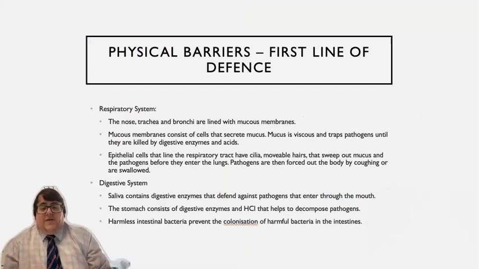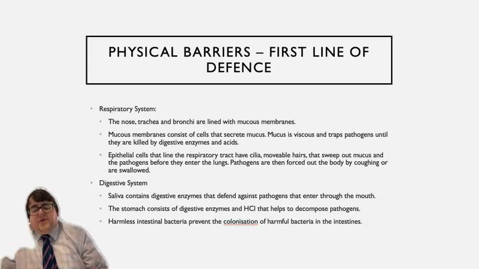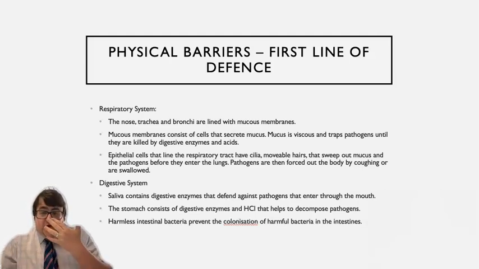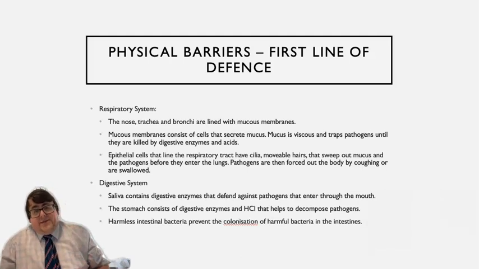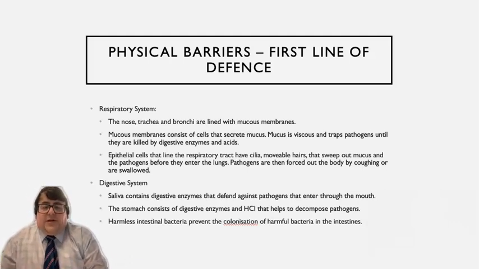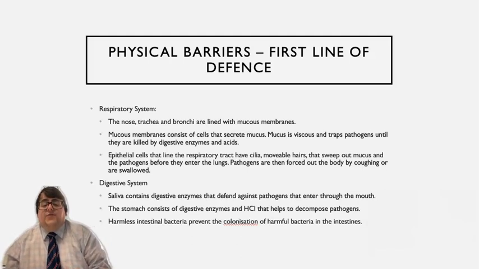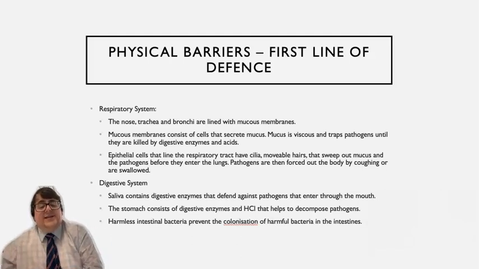Now, we also have other ways that pathogens can get in beyond our skin. So our respiratory system, we have our nose, we have our mouth, we have our digestive system as well with our mouth, etc. Our respiratory system, nose, trachea, and bronchi, are all lined with mucous membranes. Those mucous membranes consist of cells that secrete mucus. Mucus is very viscous and traps pathogens until they can be killed by digestive enzymes and acids.